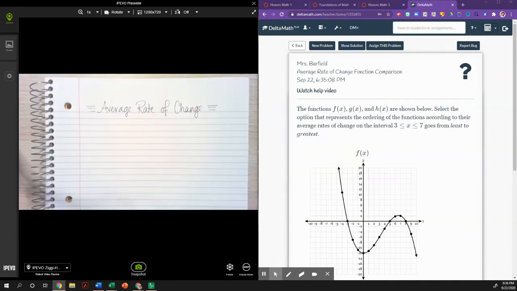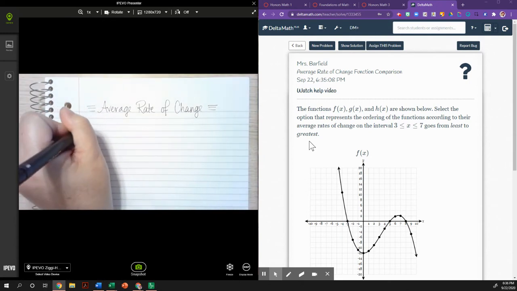Okay, we are moving on in our topics, and we're looking now at another type of example with average rate of change. It says the functions f of x, g of x, and h of x are shown below. Select the option that represents the ordering of the functions according to their average rates of change on the interval 3 to 7, from least to greatest.